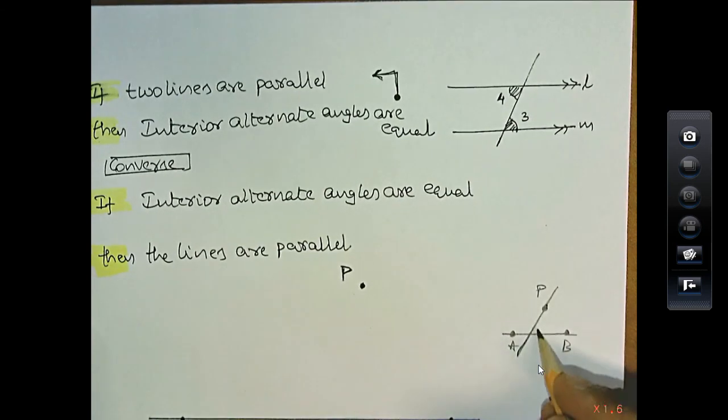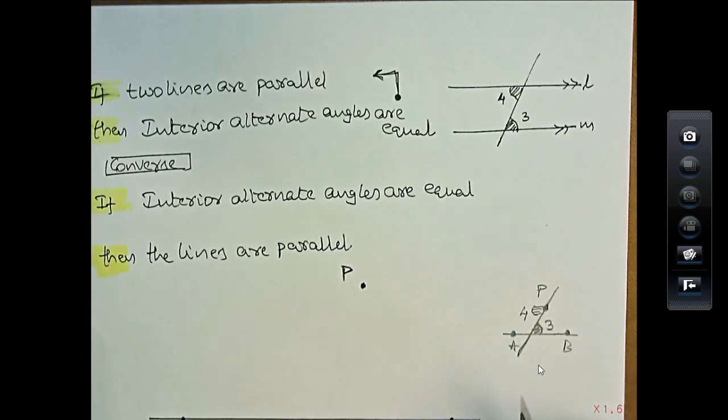Suppose I'm going to copy this angle 3 here, please remember on the other side of the transversal. If I'm able to copy the angle on the other side, then I will get a line parallel to AB, right?